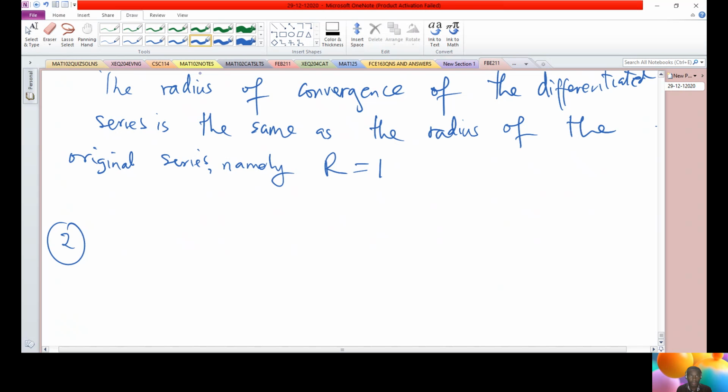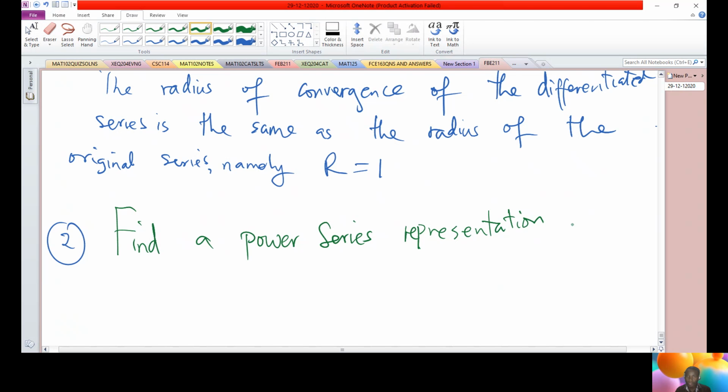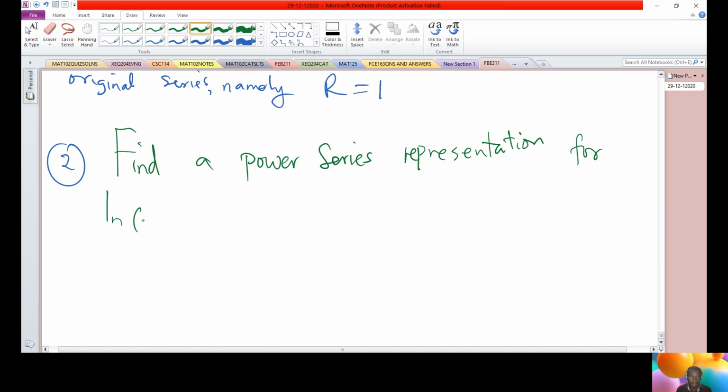Next, example 2 on the same. Find a power series representation for ln of 1 minus x and find its radius of convergence.